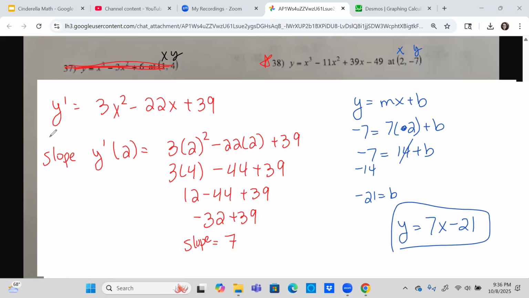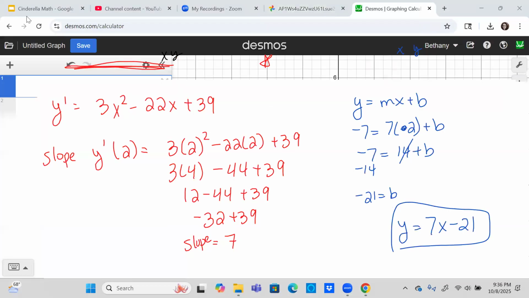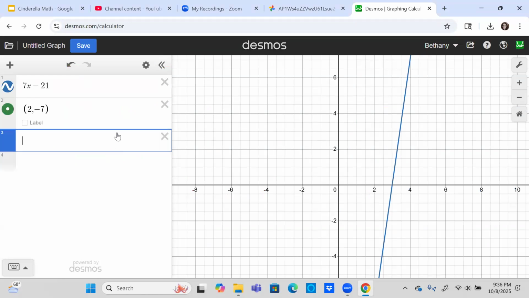Okay, I'll check that one real fast. Just because it looks a little big, but that doesn't mean it's wrong. Right. 7x minus 21. I'm going to go ahead and just put on the answer. It's fine. There's the answer. The point of interest was 2, negative 7. And the actual problem, I'll just grab my phone for this part.